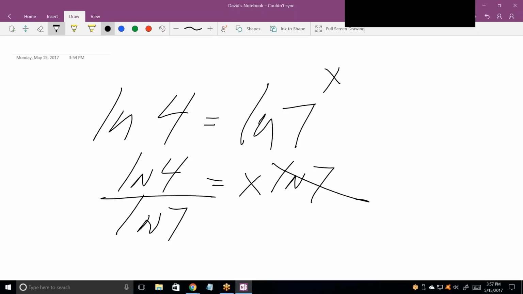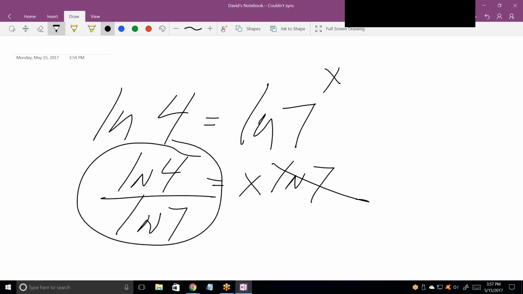So it's the same number of steps. It just looked easier to take the log base 7 because it appeared to give you the answer in one step, and I suppose it did in a way. In other words, the answer is log base 7 of 4, which is what this answer is.